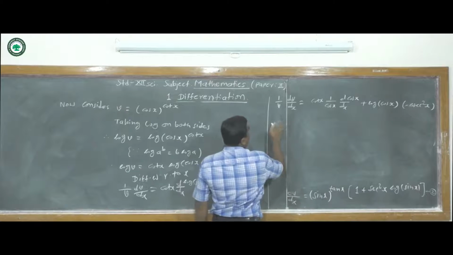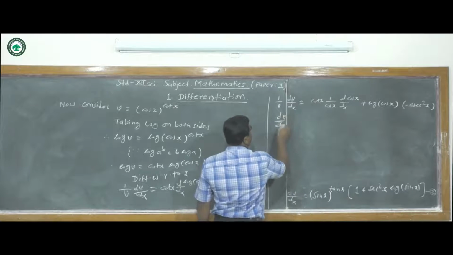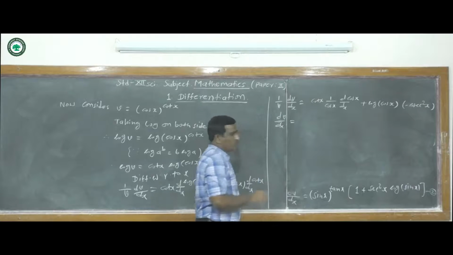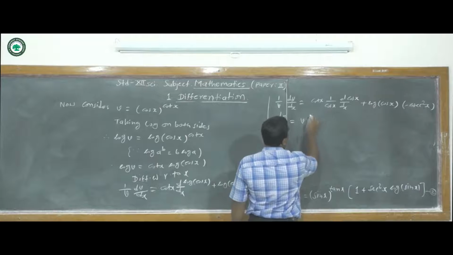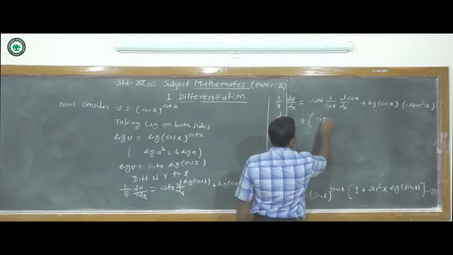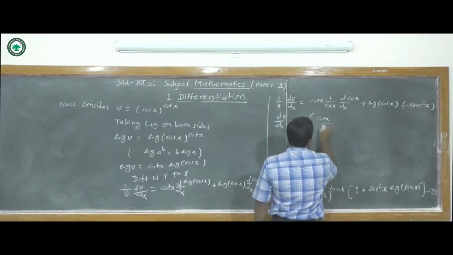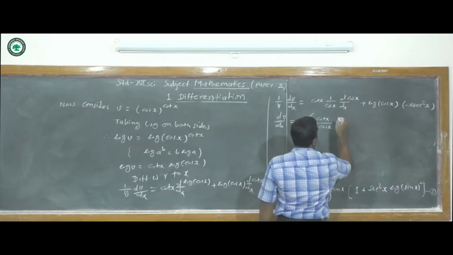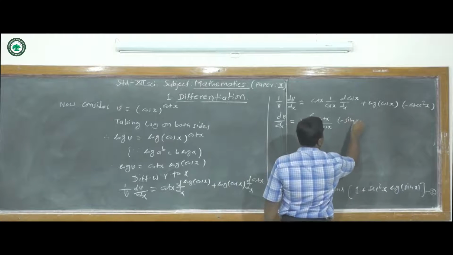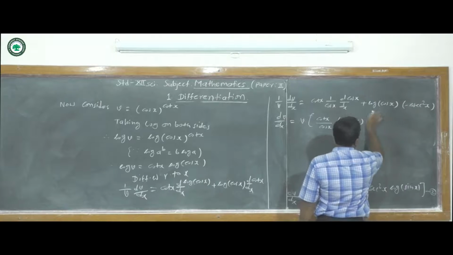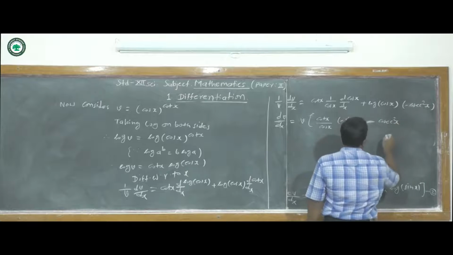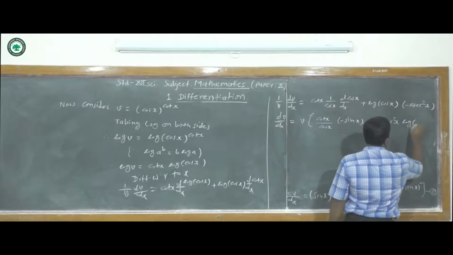That is, dv by dx equals, taking 1 upon v to the other side, v into, in bracket, cot x upon cos x into the derivative of cos x, which is minus sin x, plus minus cosec square x into log of cos x.